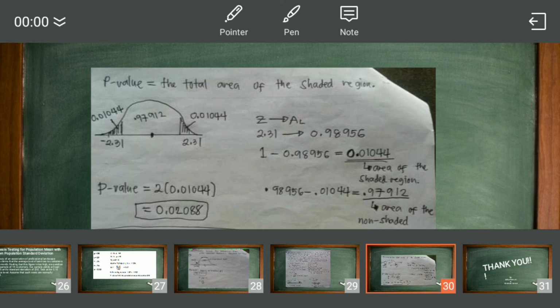So yan po yung ating p-value. So ayan po yung nakalagay sa ating step 4, which is determine the p-value. Okay, so after po nyan, i-compare na lang po natin. So nakalagay naman po sa ating step 5, p-value is less than the alpha value or the significance level. So that we have to reject our null hypothesis.